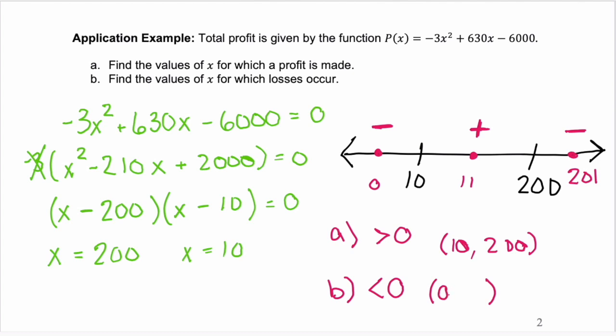So it's going to go from 0 to 10, and then it'll go from 200 to what value? Is infinity possible? Of course, infinity. So we were able to solve this word problem and determine which values will see losses and when they'll see profits.